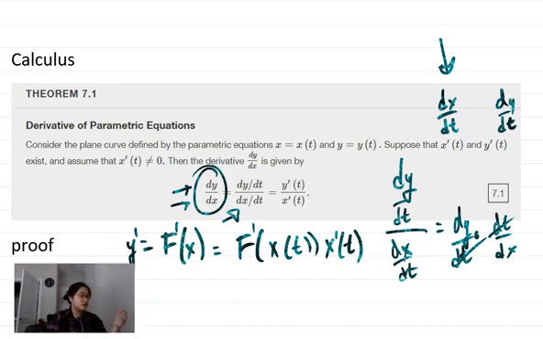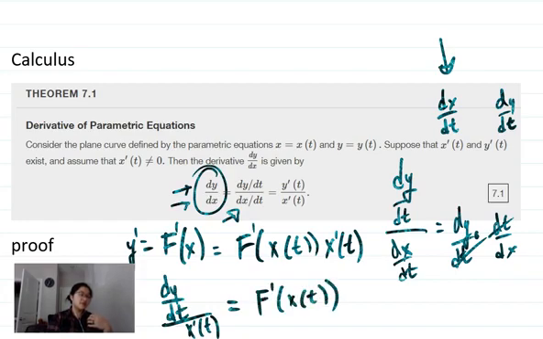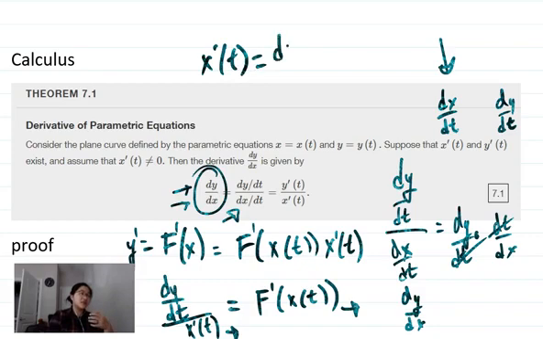we can also rearrange our sides so that we have dy/dt divided by x prime of t, and that's equal to f prime of x of t, which is our dy/dx, and this x prime of t is going to be dx/dt as written there.